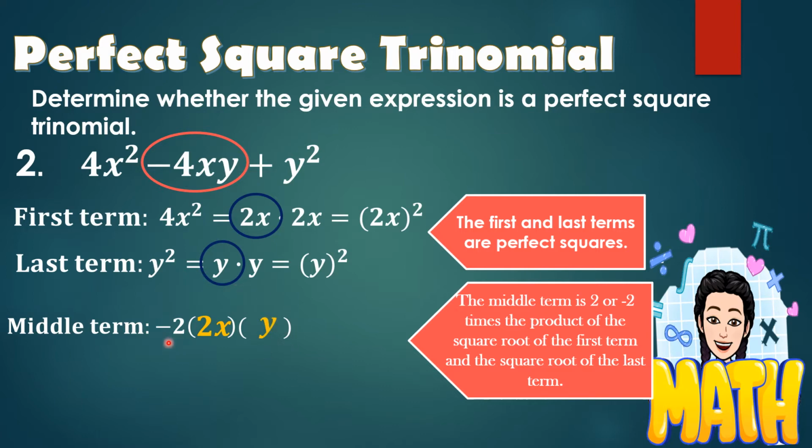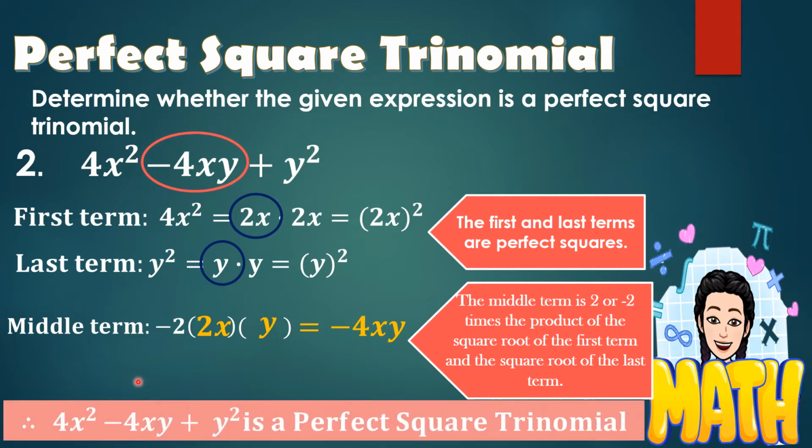Then, imumultiply natin yan. Negative 2 times 2x is negative 4x, times y is equal to negative 4xy. Observe that this product is equal to the middle term. Therefore, 4x squared minus 4xy plus y squared is a perfect square trinomial.